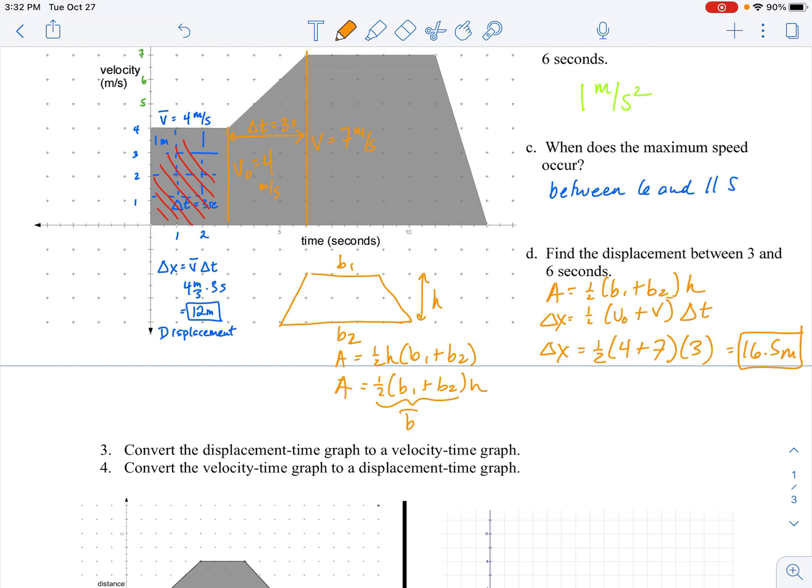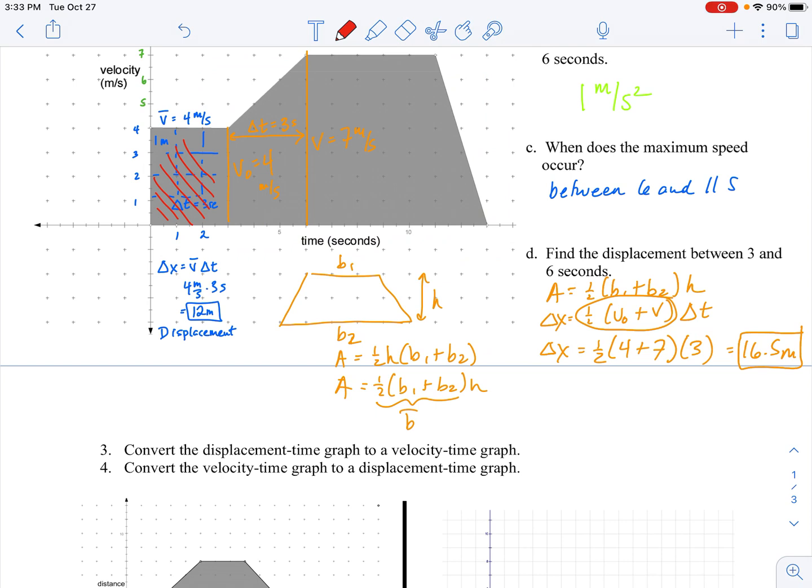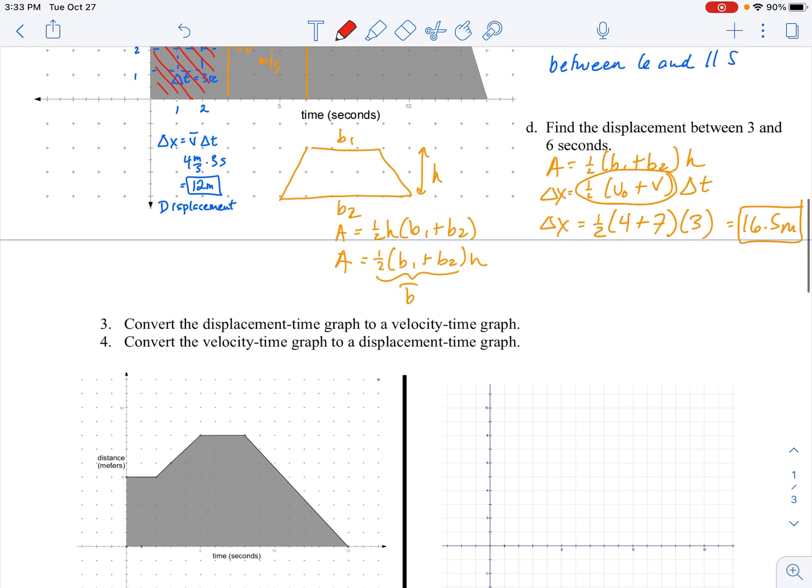Again, this 1/2 B1 plus B2 is finding an average. Another way to think about it is to think about what would happen if you took the average of 4 and 7. Right down the middle would be 5.5, an average speed of 5.5. If we took this triangle and moved it here, you would end up with a rectangle with the same area, and therefore the same displacement.